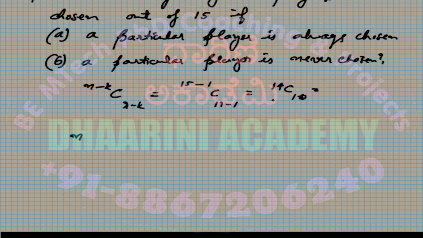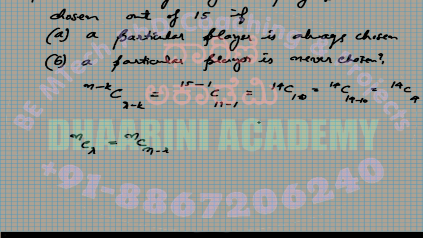Whenever we want to calculate larger numbers like 14C10, you can apply the following rule. nCr is actually equal to nC(n minus r). 14C10 is a bigger number and it's difficult to solve even using calculators. So you calculate 14C(14 minus 10), that is 14C4.